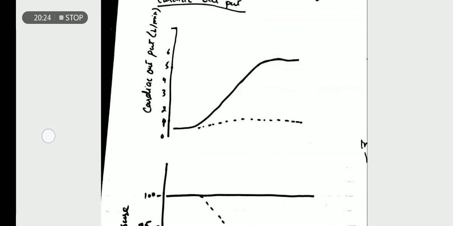Although vessels are dilated, but the arterial pressure is normal. In other words, you can say that autonomic nervous system prevents the falling of arterial pressure from the normal.